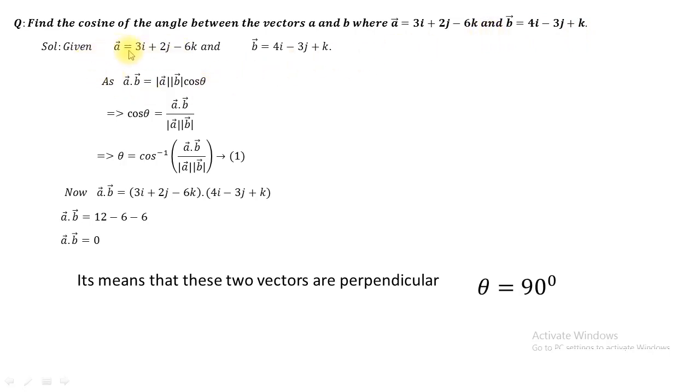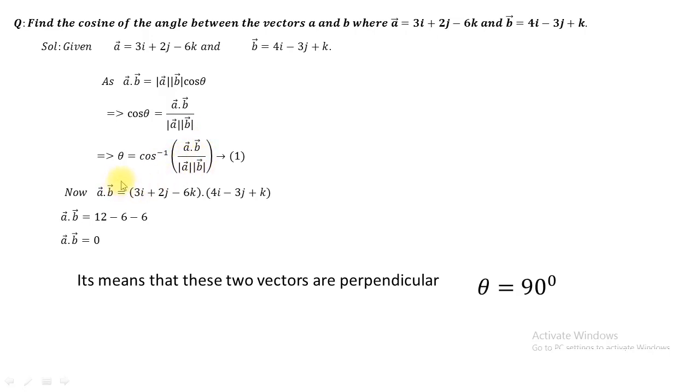These two vectors are given, and we have to find the cosine of the angle between them. We can write A dot B is equal to magnitude A times magnitude B times cos theta, so cos theta is equal to A dot B divided by magnitude A times magnitude B, and theta is equal to cos inverse of A dot B divided by magnitude A times magnitude B.